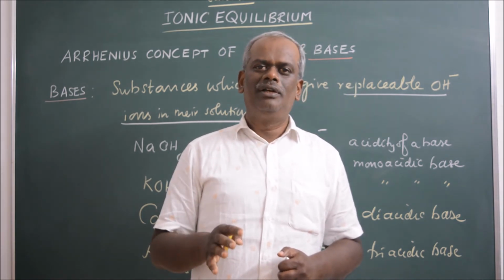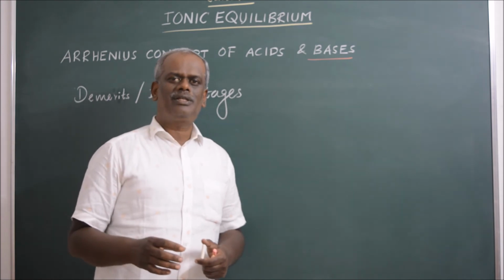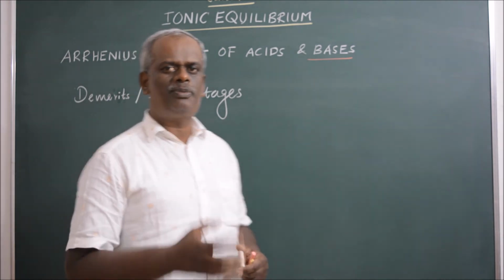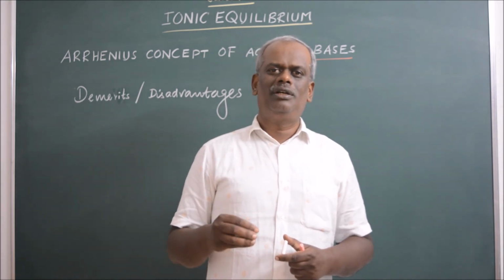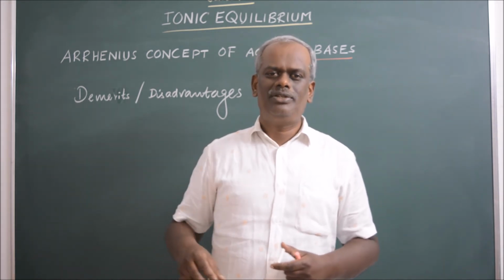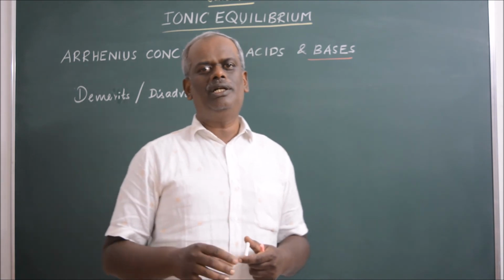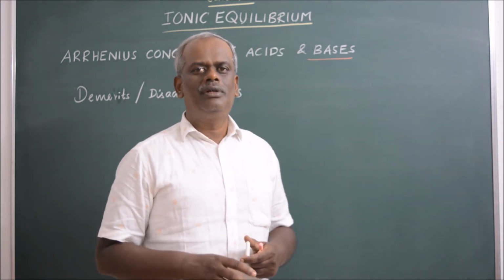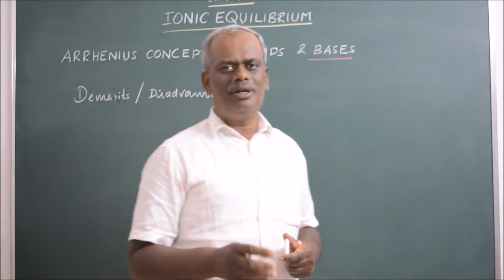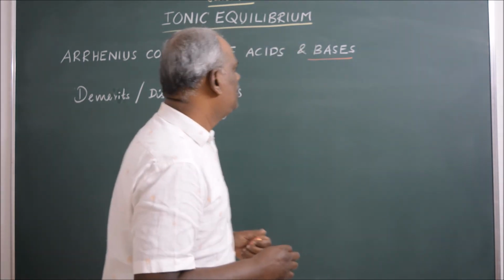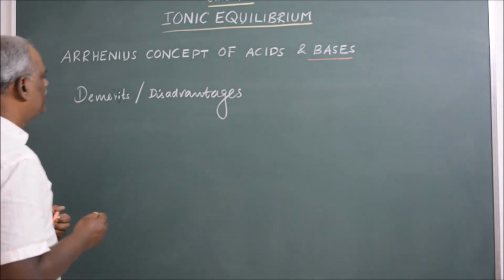Is it clear? So the Arrhenius concept failed to explain certain acids which do not contain hydrogen plus and certain bases which do not contain OH minus. So that is the greatest disadvantage or demerit of the Arrhenius concept about acids and bases.